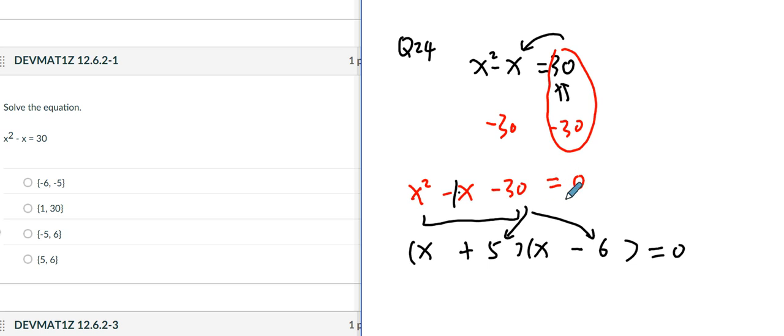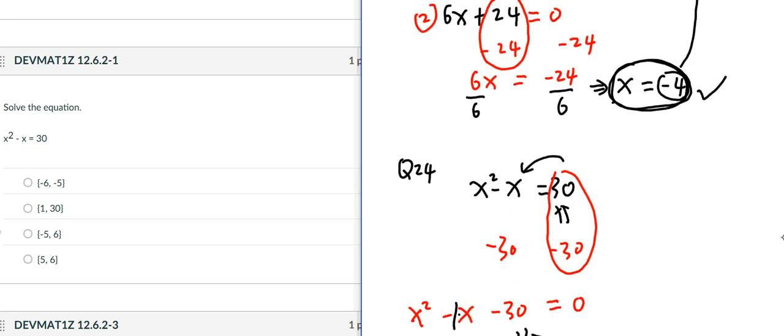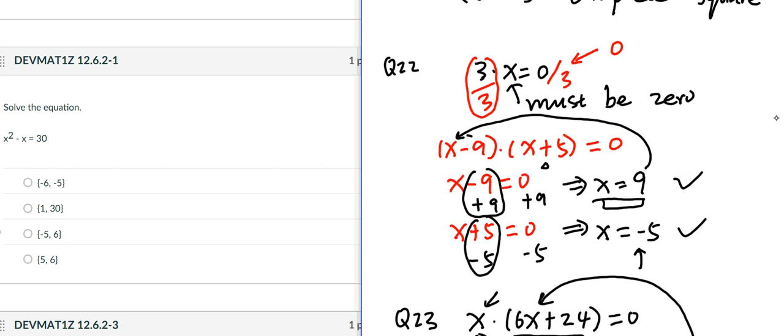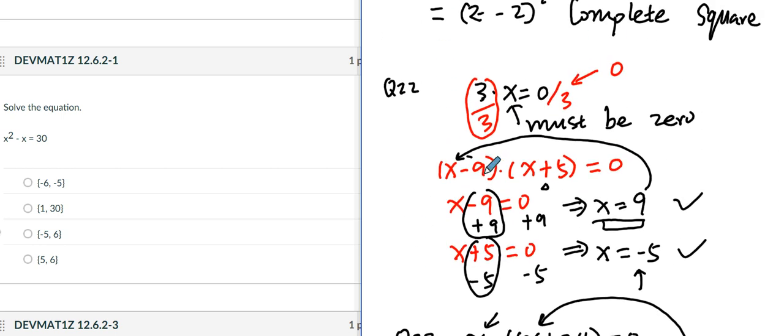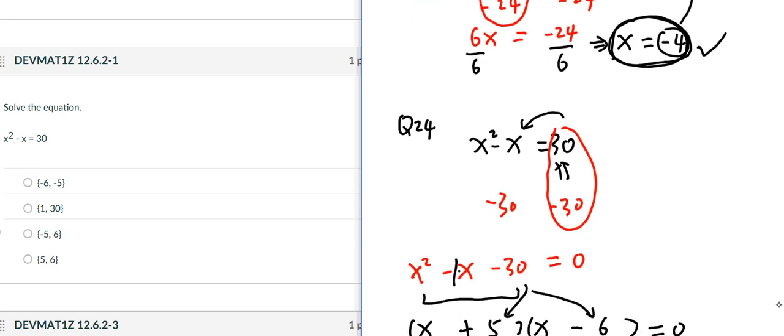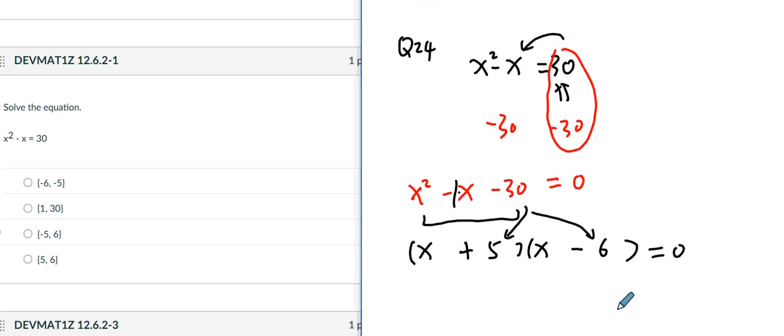Here was the equation. And as previously we mentioned, if you have a minus 9, you should have a positive solution. If you have a plus 5, you should have a negative solution, negative 5. Okay? So here is the same thing.